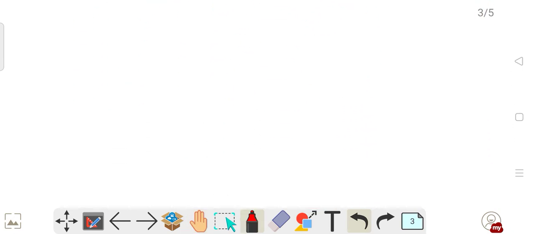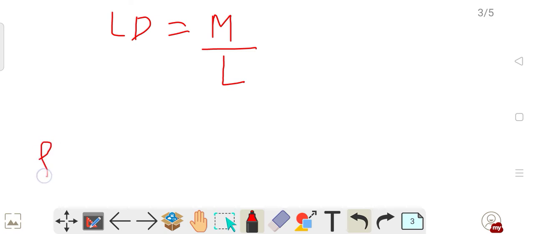What is linear density? Linear density is mass per unit length, capital M upon capital L. Or I can say that mass is what? If density is rho, density equals mass upon volume. So mass is nothing but volume into density.